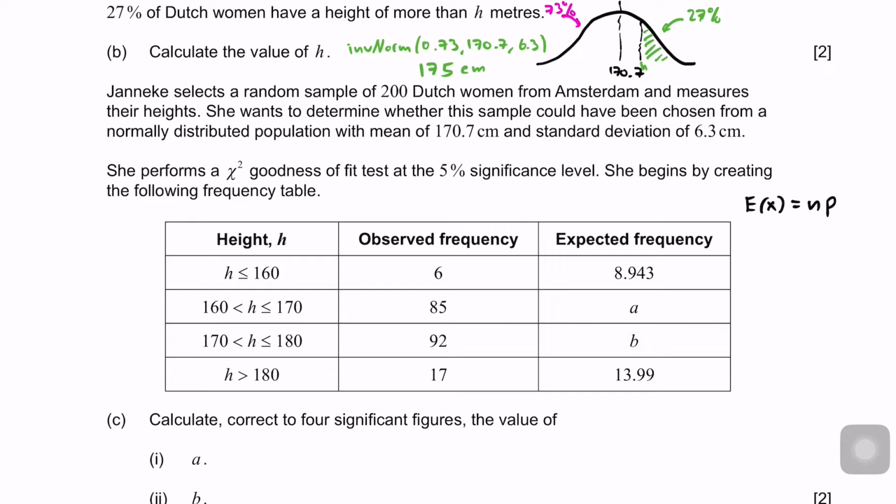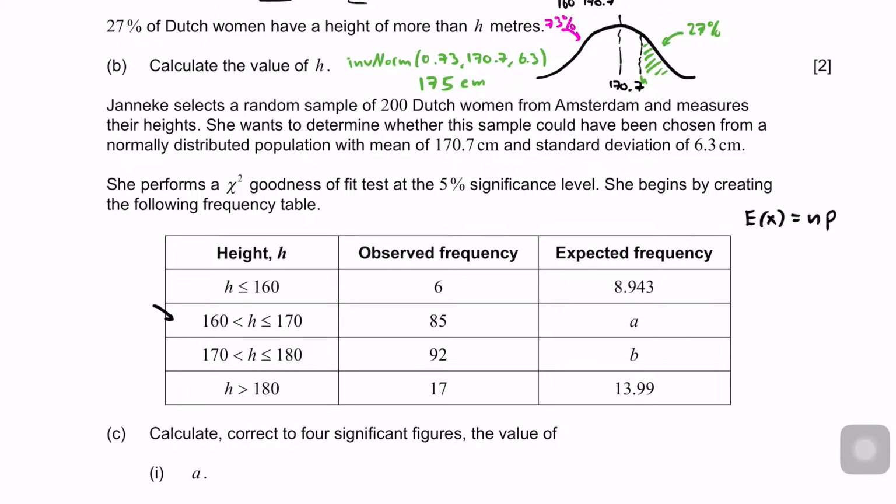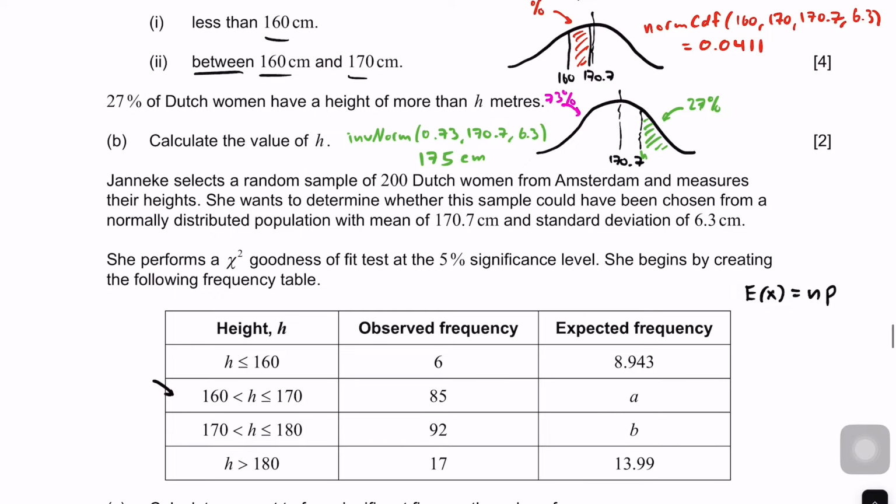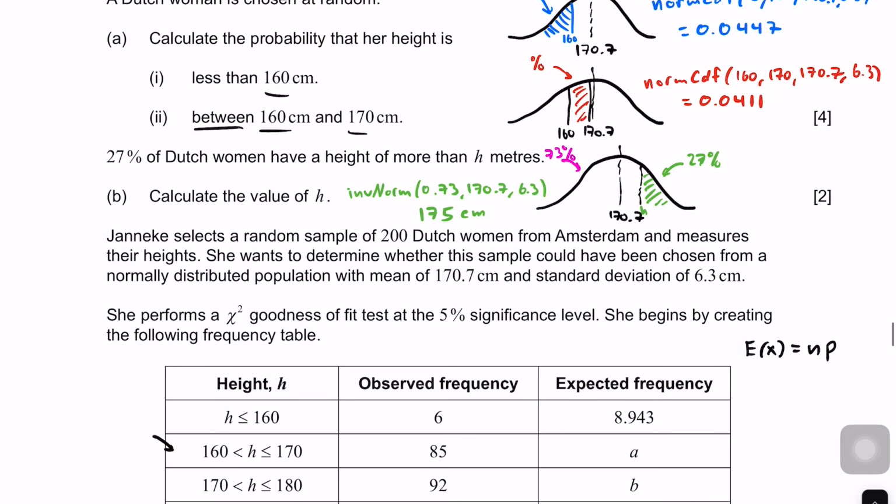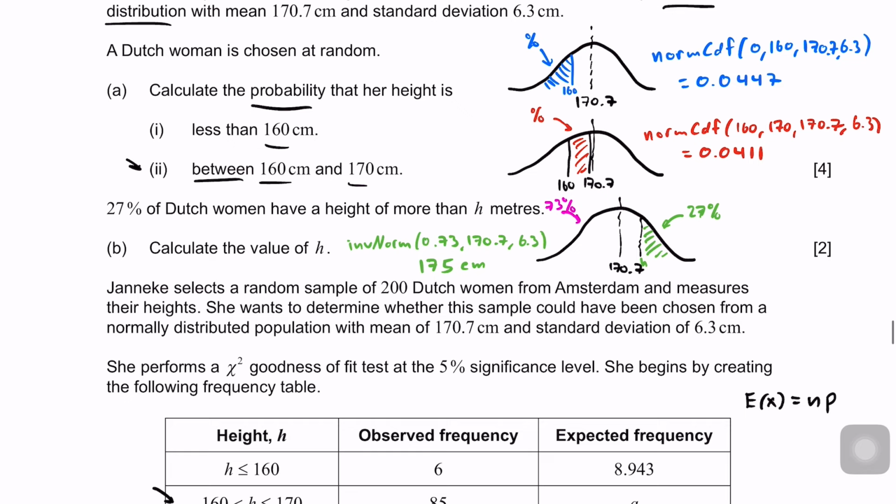Okay, so let's look at 160 to 170. Remember, a good IB question often has previous parts leading into the others. So here we had the probability that a Dutch woman would be between 160 and 170 centimeters.